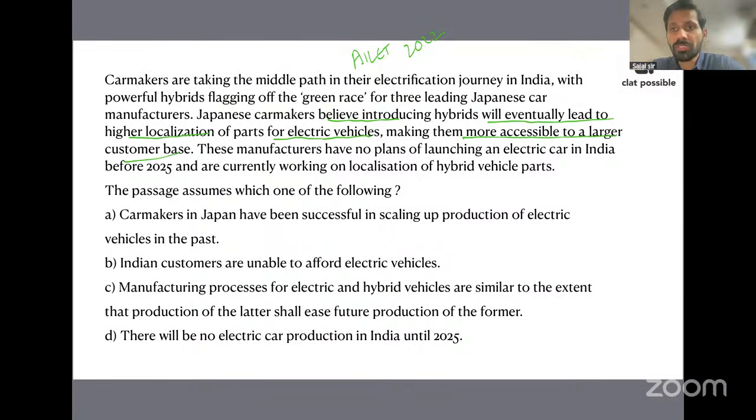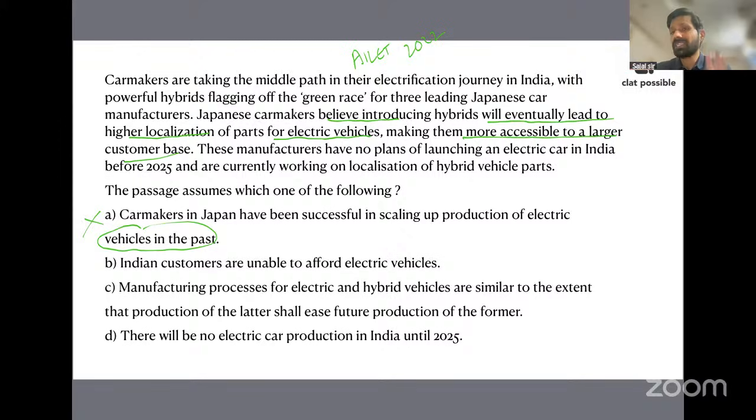So which option do you think? The passage assumes which one of the following? Whatever these car makers are doing, what are they assuming? A says car makers in Japan have been successful in scaling up production of electric vehicles in the past. Whether they have been able to do this in the past in some other geography or not, that is irrelevant to the argument, right?